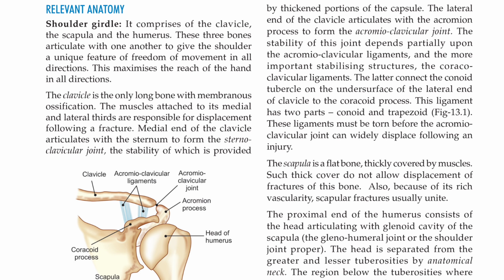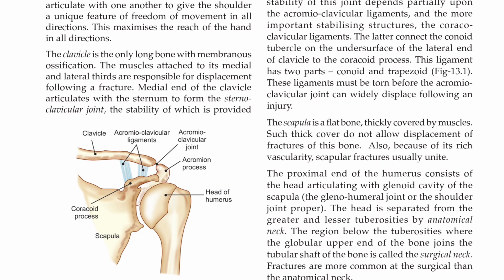The ligament has two parts, conoid and trapezoid. These ligaments must be torn before the acromioclavicular joint can widely displace following an injury.